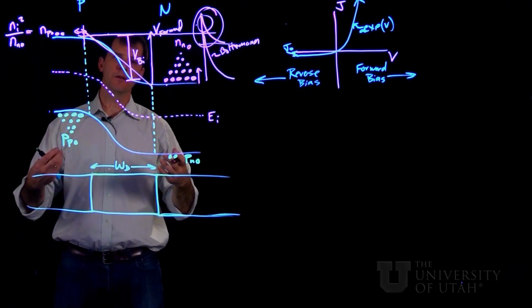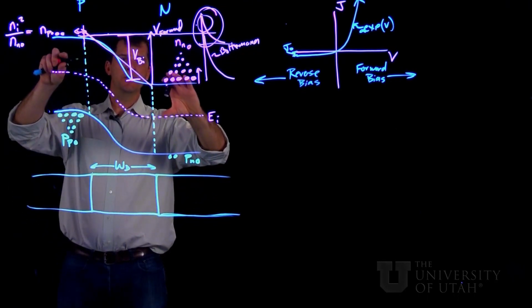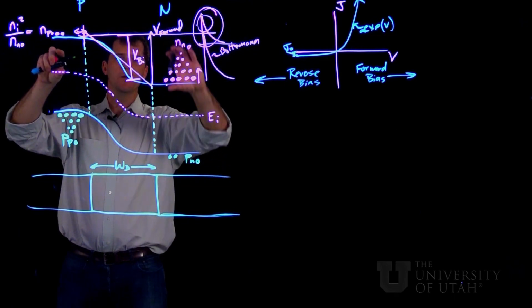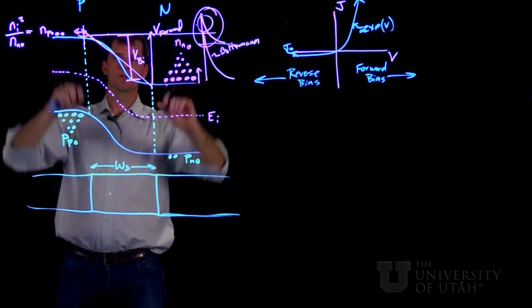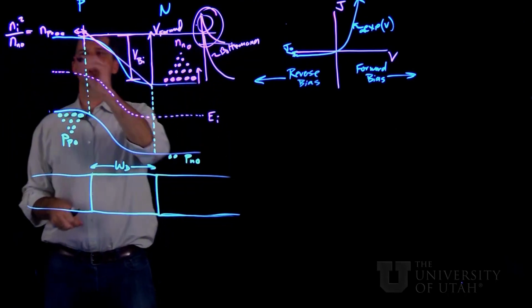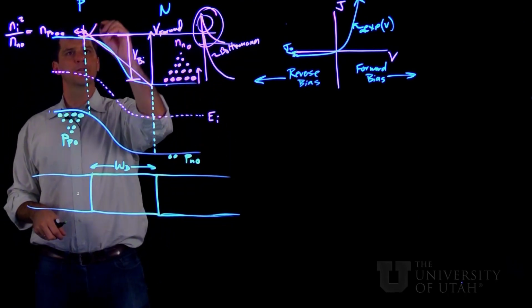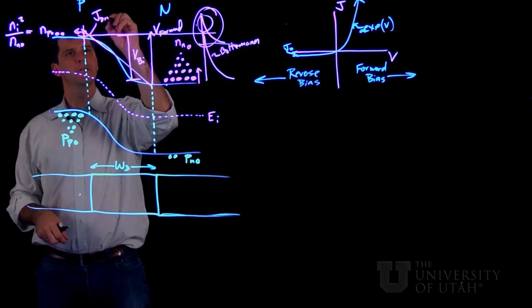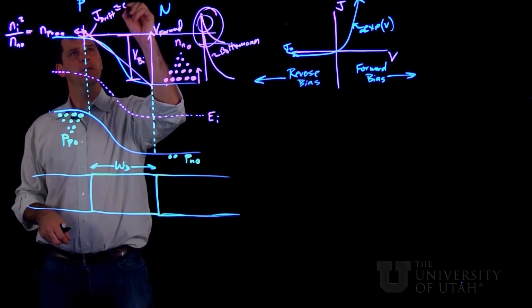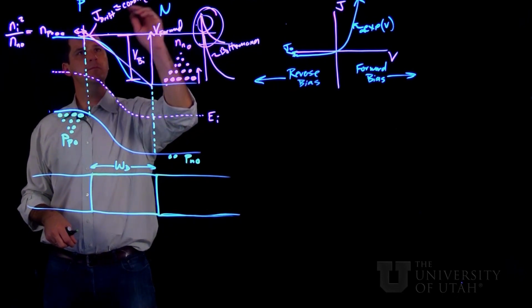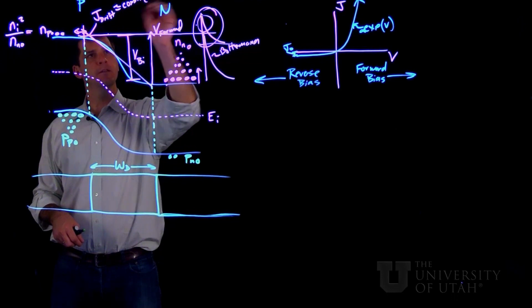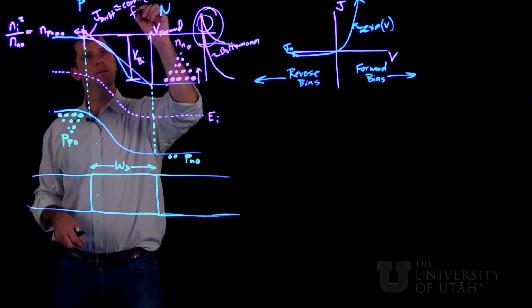And really the key is that by changing the forward bias, we don't really change the electric field all that much. And so the current associated with this drift of electrons is about constant with respect to voltage, meaning that it's not a function of voltage.